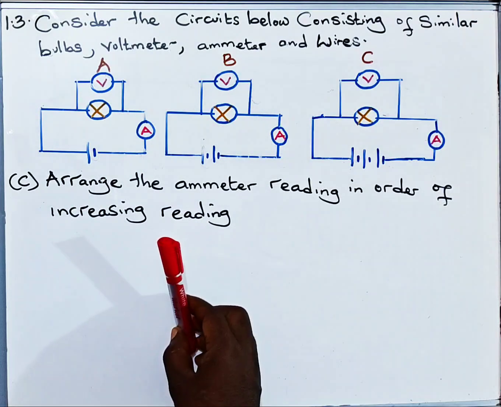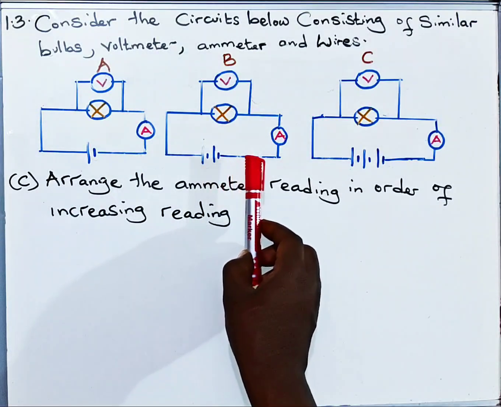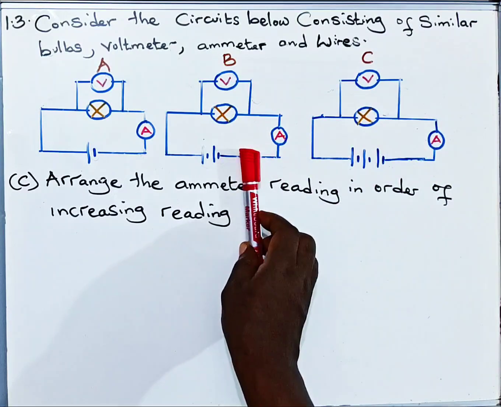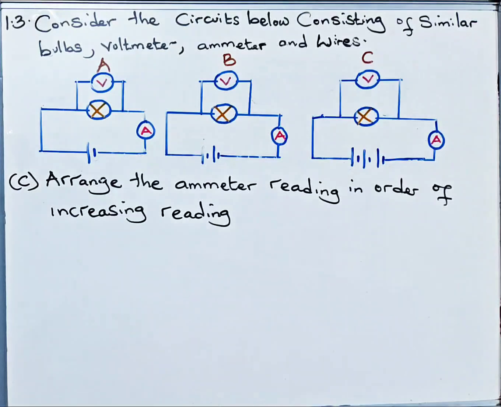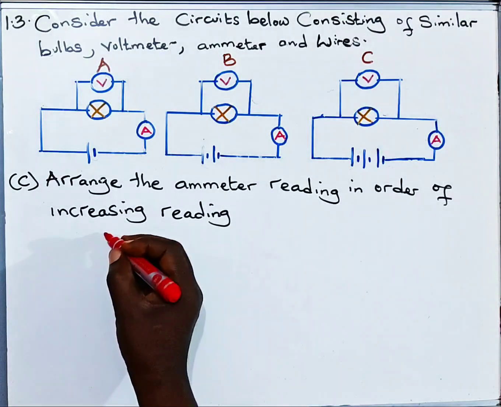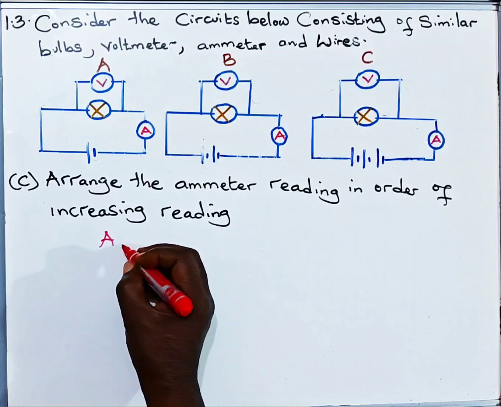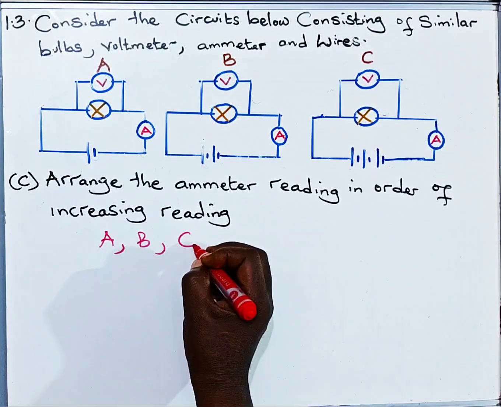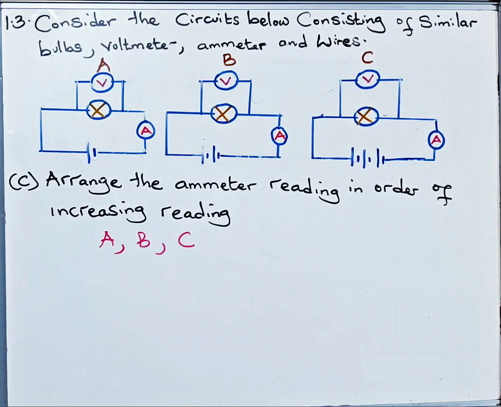So this one is going to have the highest, followed by this one, and this one will have the smallest. We are starting from the smallest, so the order is going to be A, followed by B, followed by C, in that order.